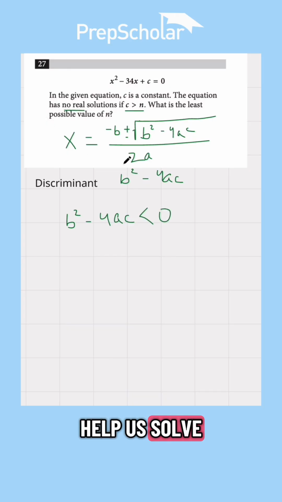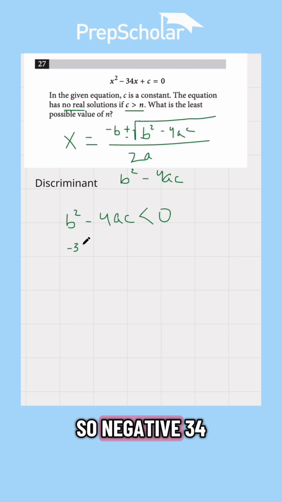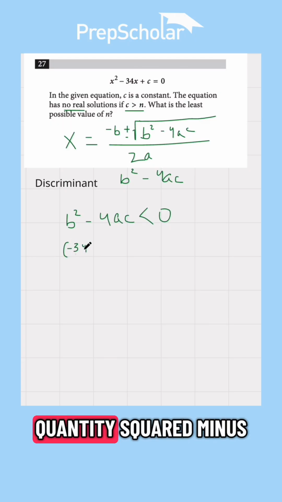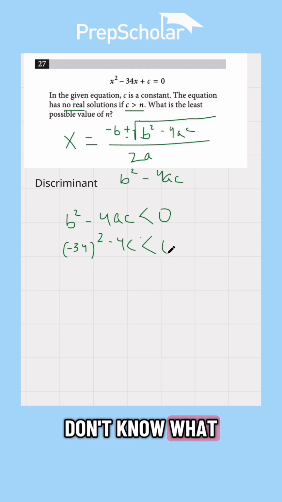So that can help us solve for what n is. And we can get the values of b and a from this problem above. So negative 34 quantity squared minus 4c, because a is 1, is less than 0, and we don't know what c is yet.